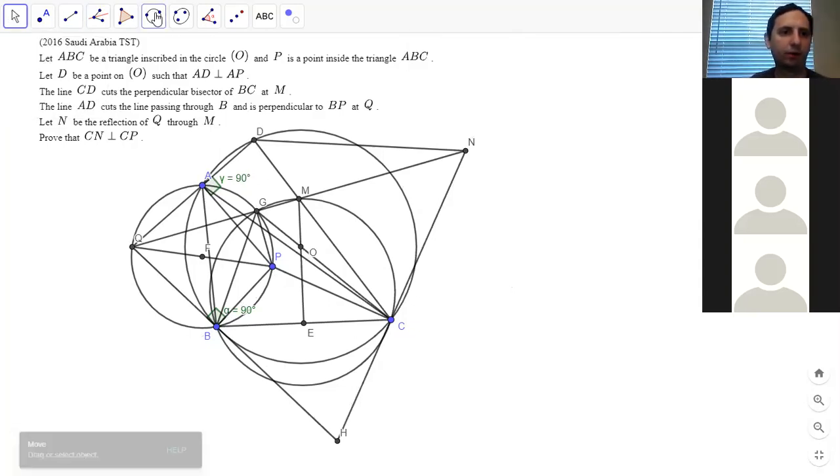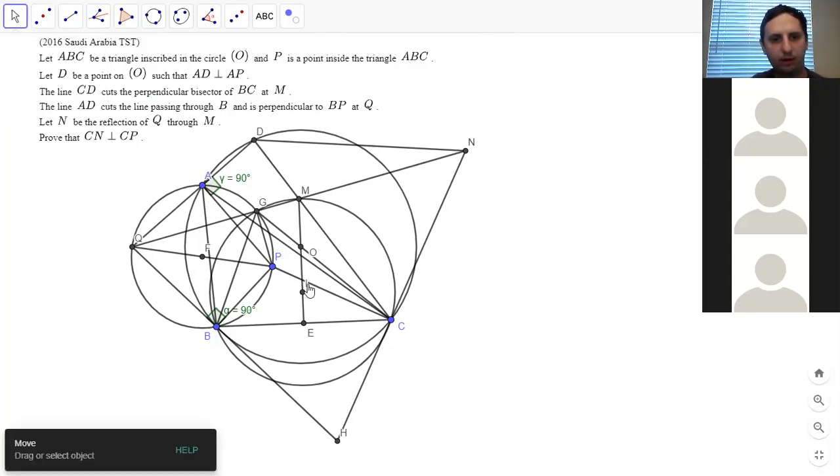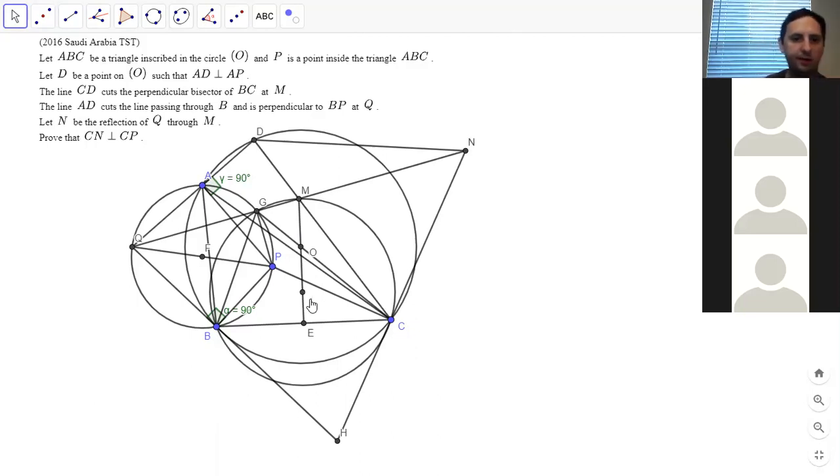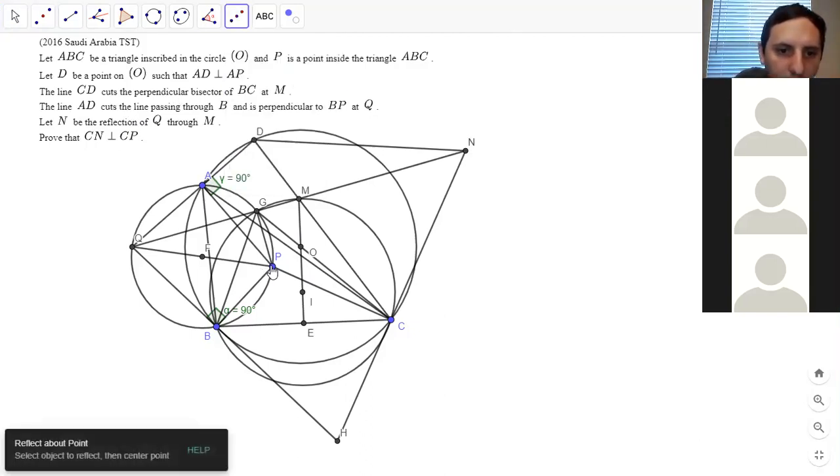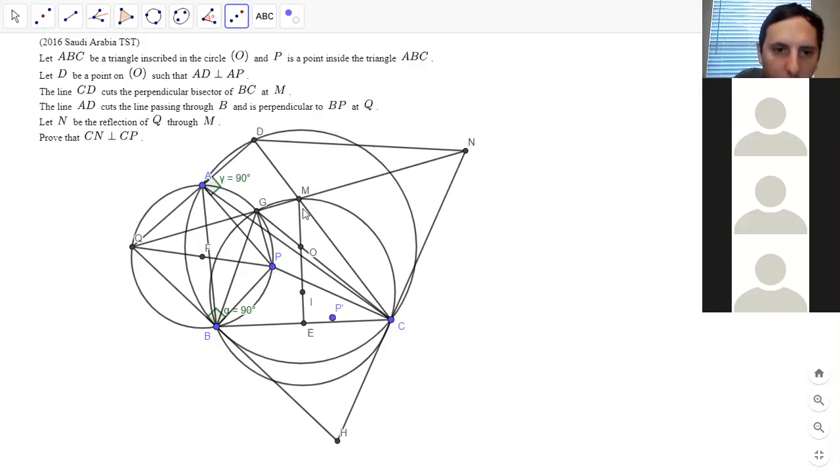So let me draw the center of that circle. It's going to lie on this, obviously. And then if we reflect P over I, that point P'M is perpendicular to QN. So yeah, those are orthogonal conjugates.